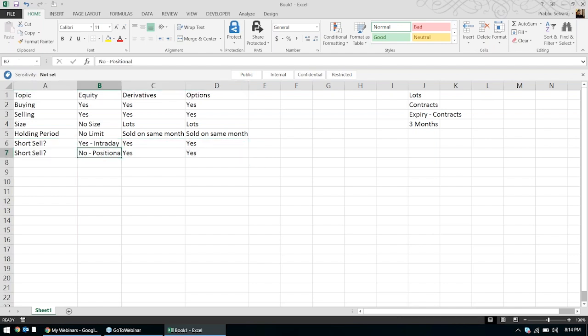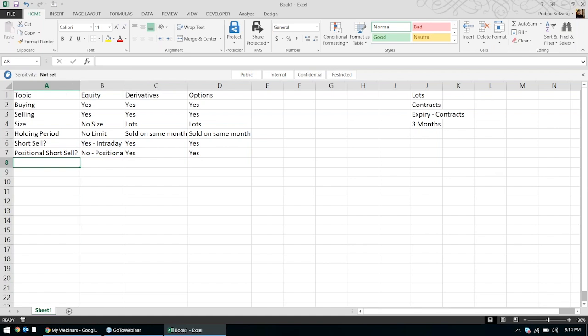Yes, that's what I said. You can do a positional short sell. Positional short sell is allowed in derivatives till expiry. You have to buy back within expiry.